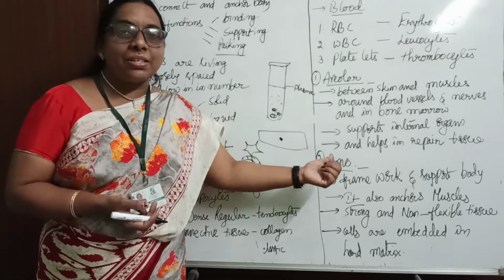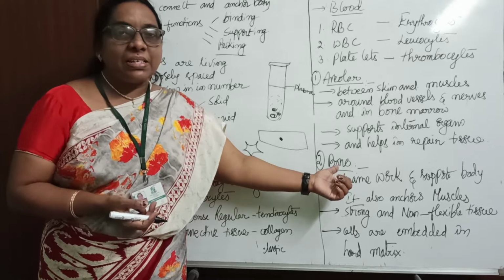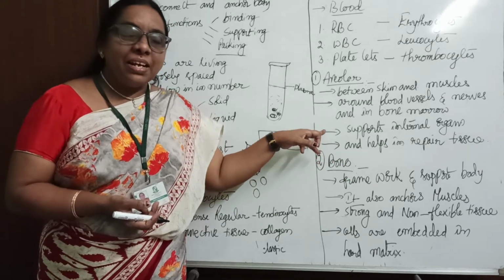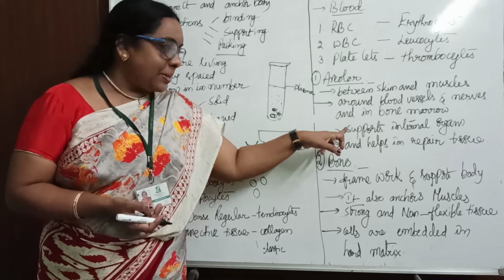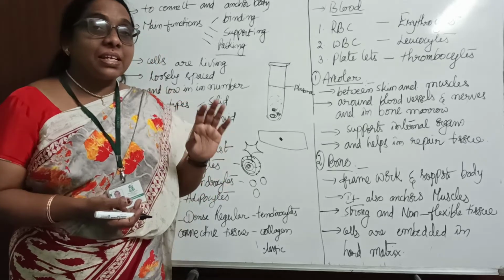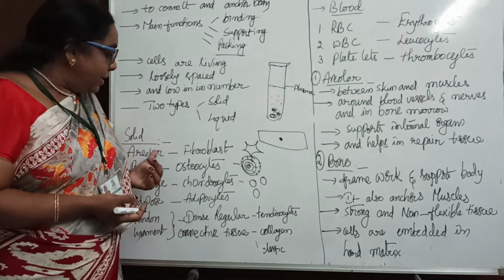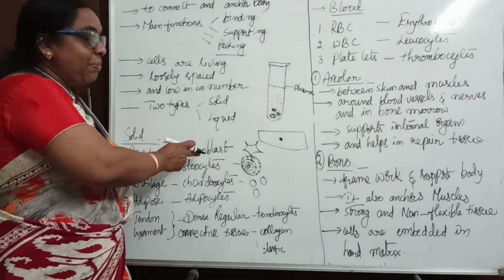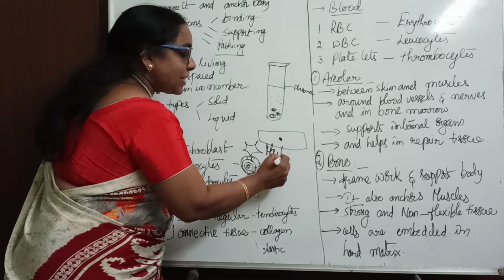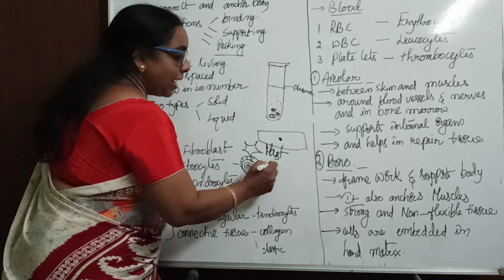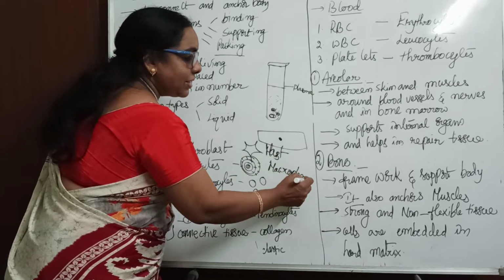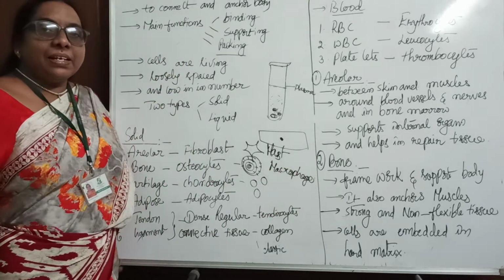It is also called a repair tissue, as it repairs the tissues whenever necessary, and it gives internal support to the internal organs. The cells present in the areolar tissue are fibroblast cells, along with mast cells and macrophage cells. Is it clear, children?